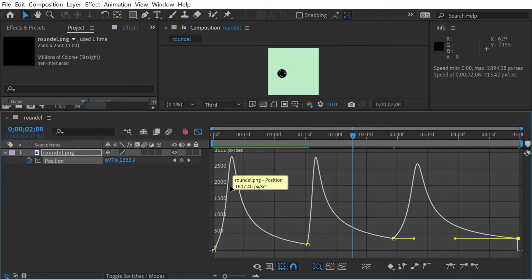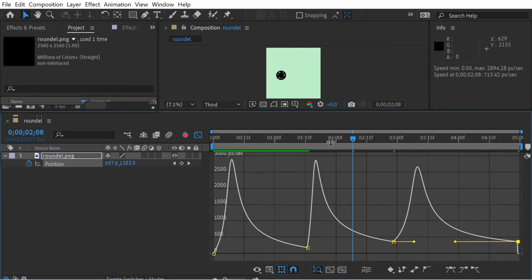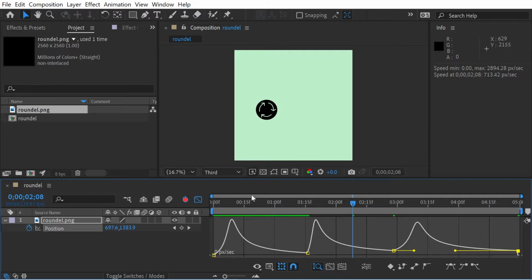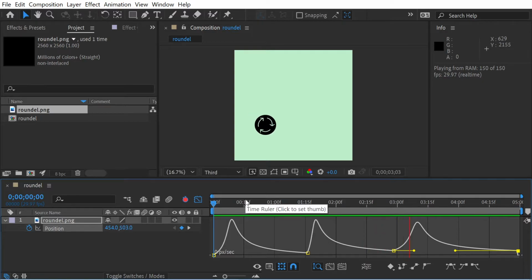So you can see there's going to be a big bump in the acceleration at the beginning after the keyframe. I think that does pretty well. And it's also quite smooth in terms of the transition. It moves in a very smooth way.